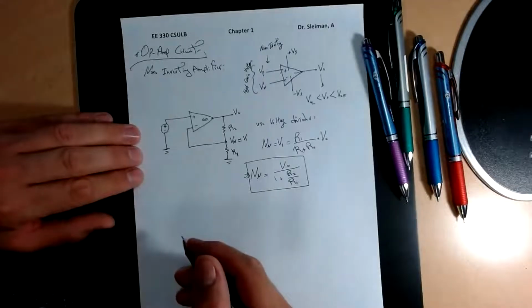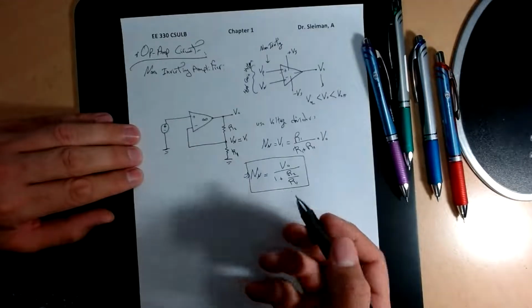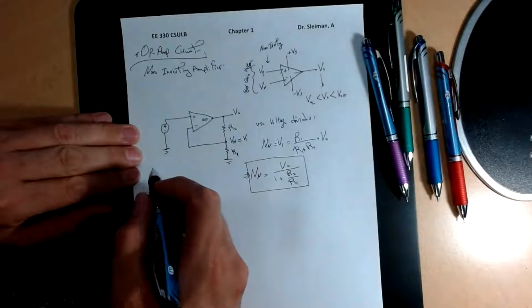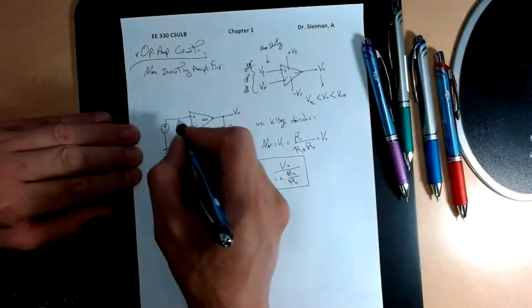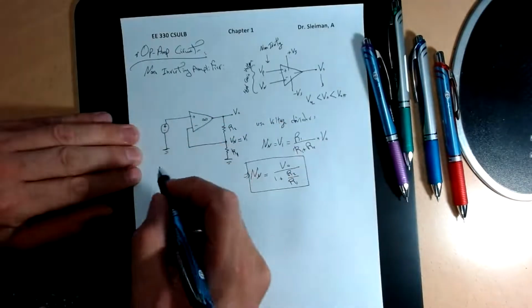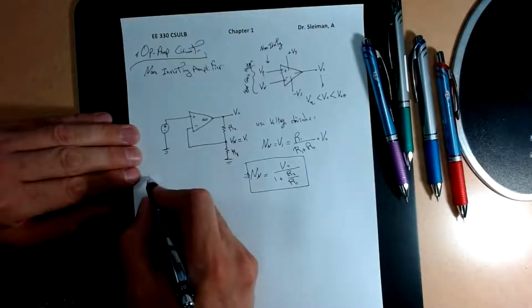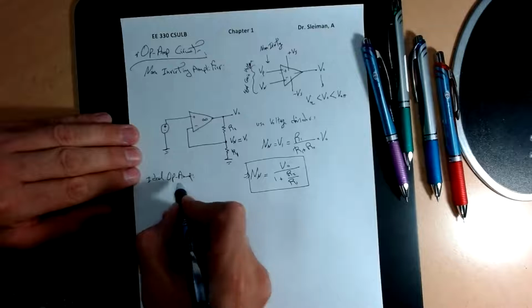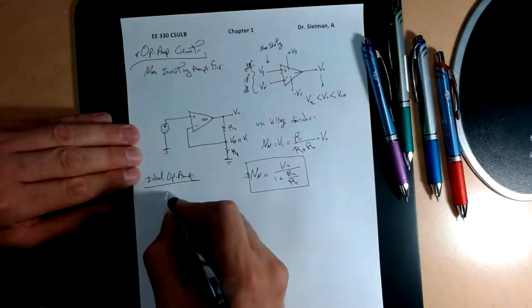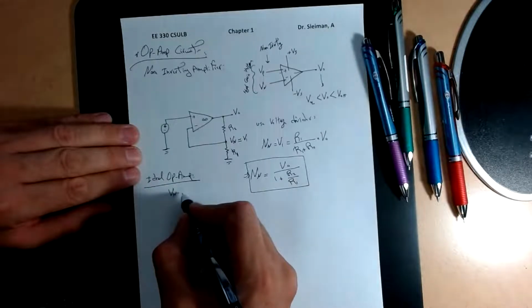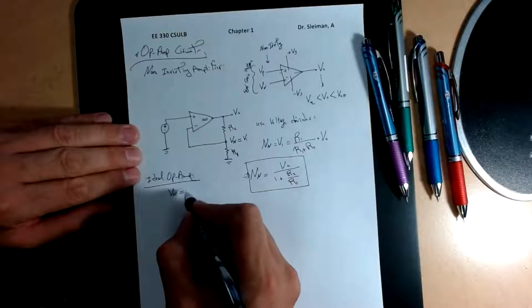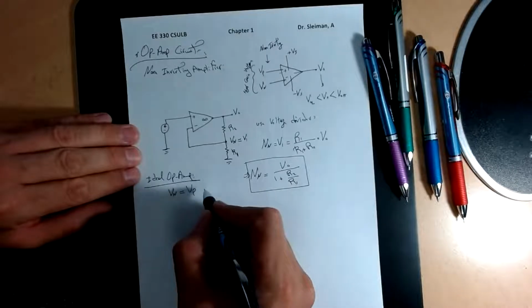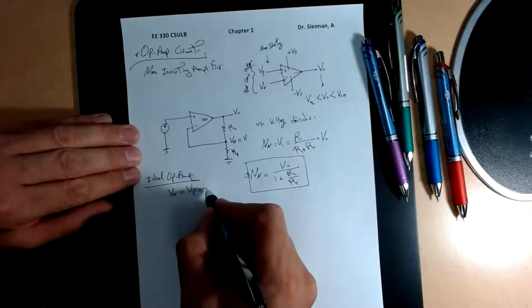So if the op-amp is ideal, as we learned from 211, that means the negative terminal voltage is equal to the positive voltage, which is equal to V1, or equal to 0.